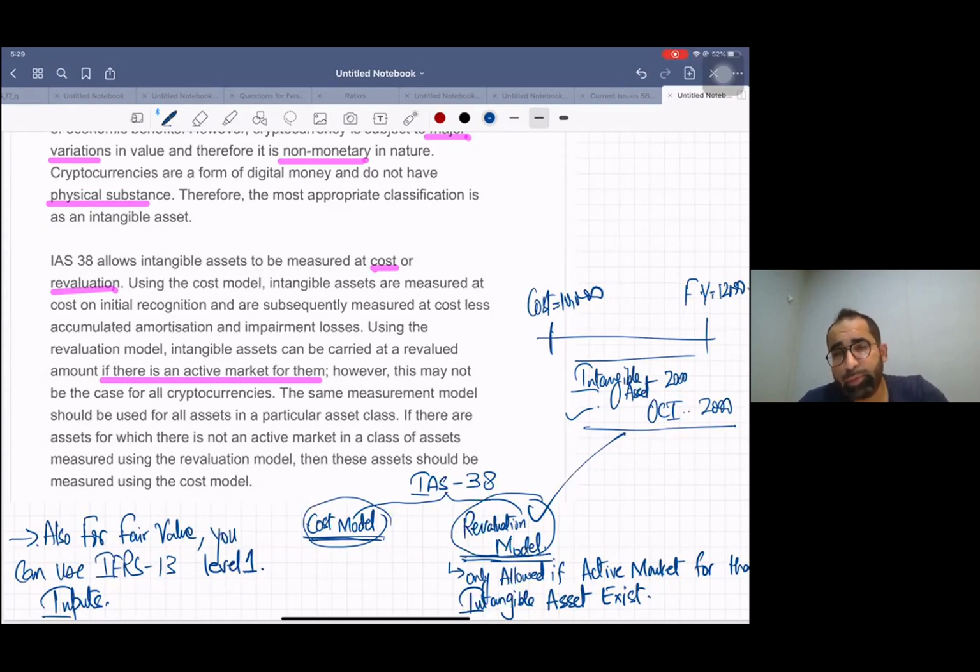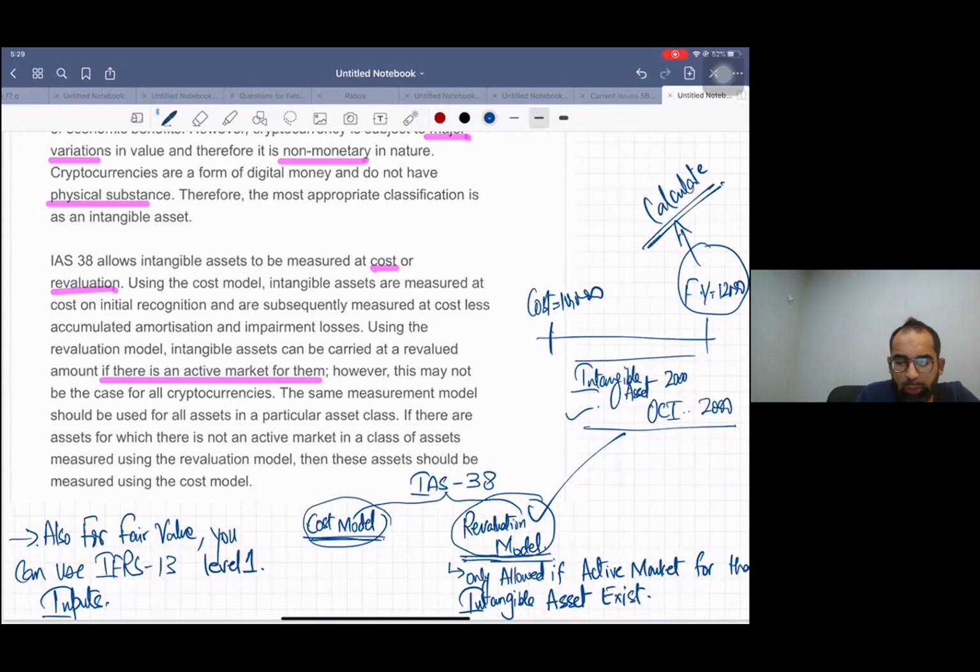If you are using the revaluation model, then you need to calculate the fair value. And for fair value calculation, you should knock on the door of IFRS 13.